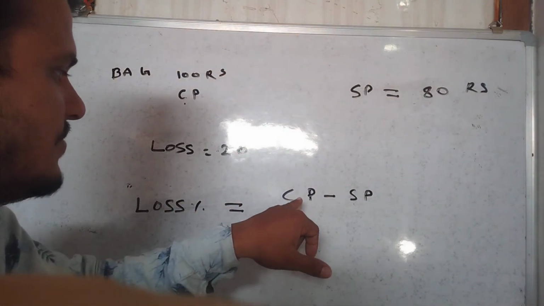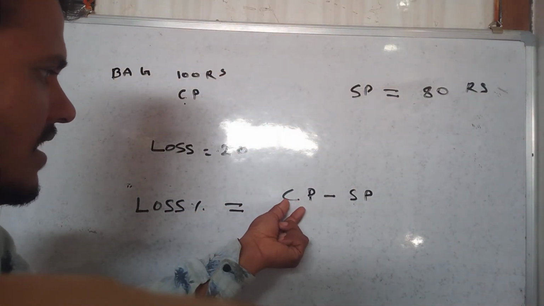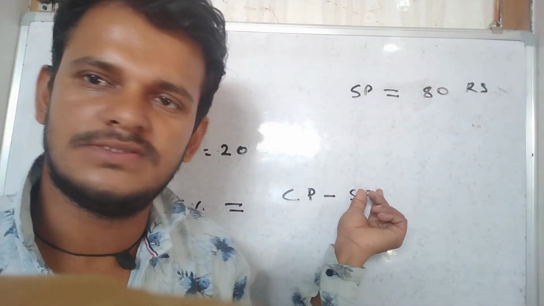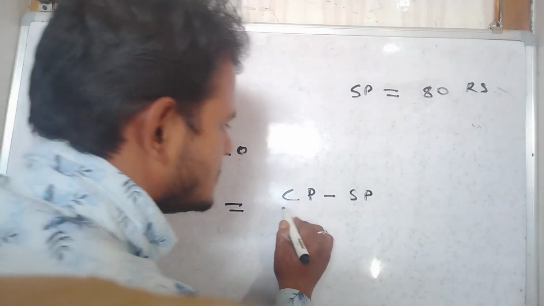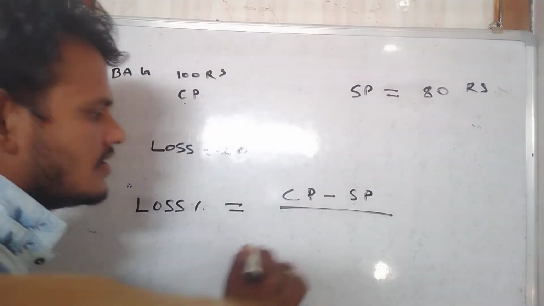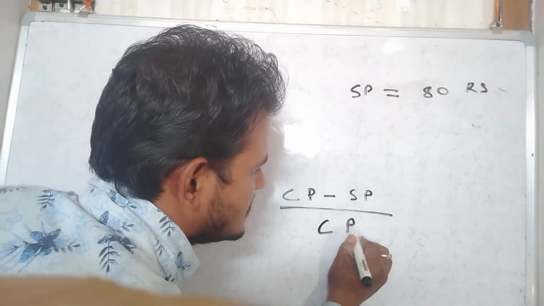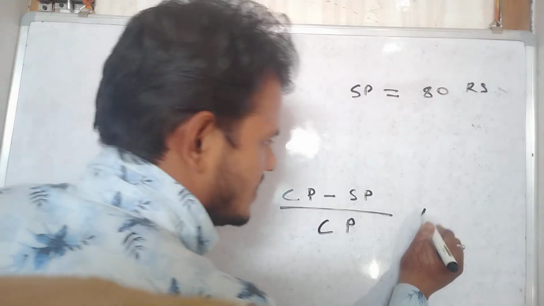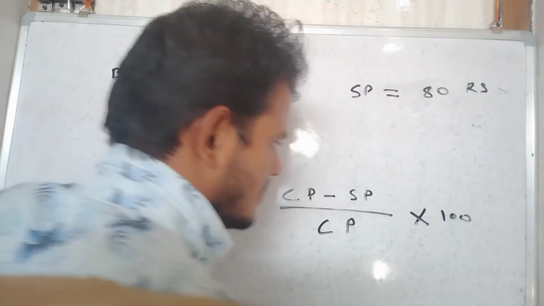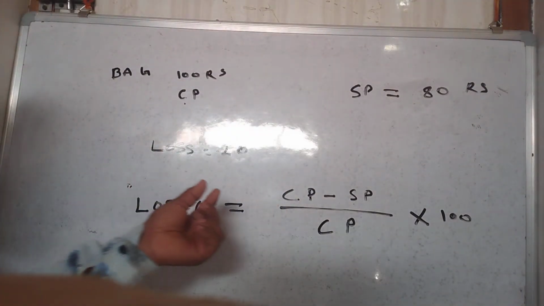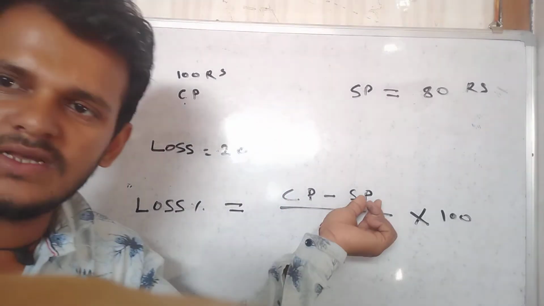So CP will be first and SP will be minus. So CP minus SP, and always keep CP in the denominator, into 100. Listen to me. CP is big, SP is small.